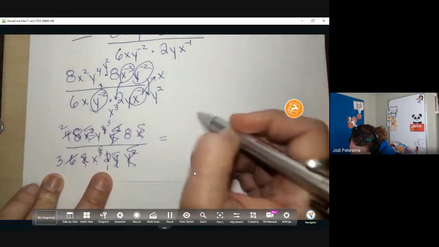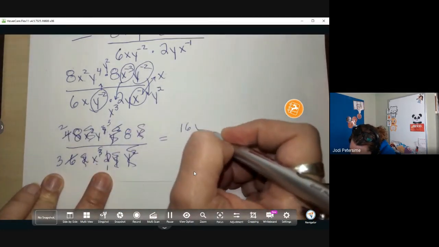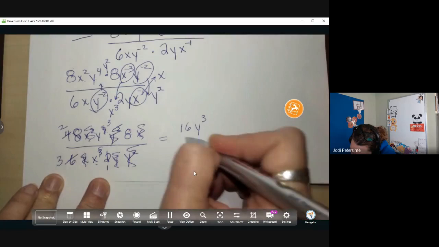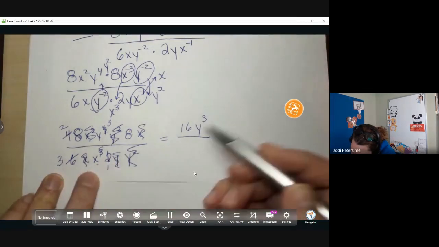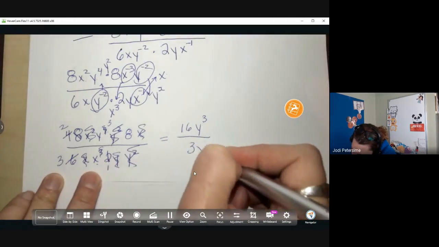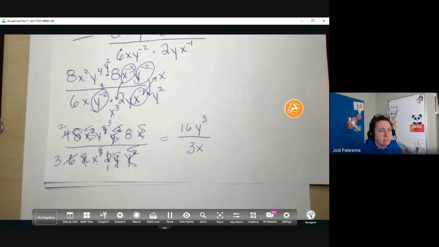So that'd be 16y cubed over 3x. Yep, got the right answer. So that's one way. Any questions on what I did when I did it that way?